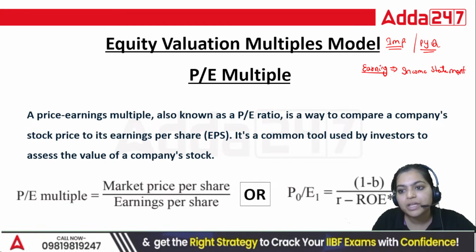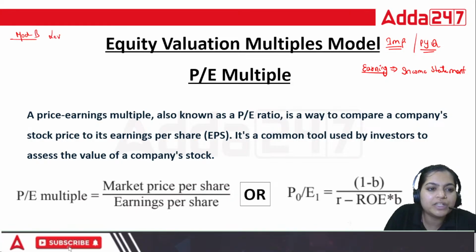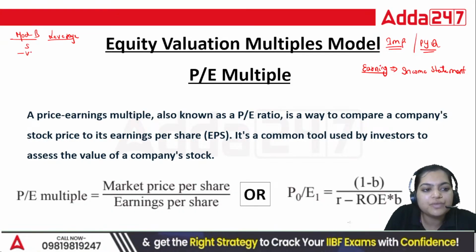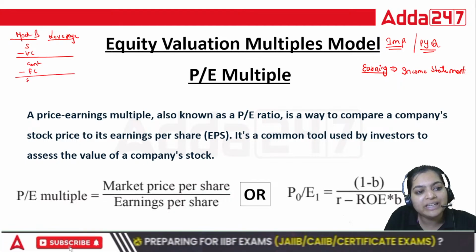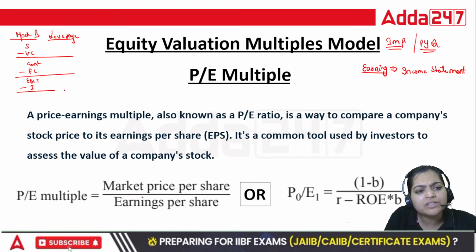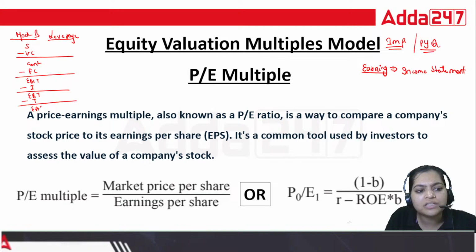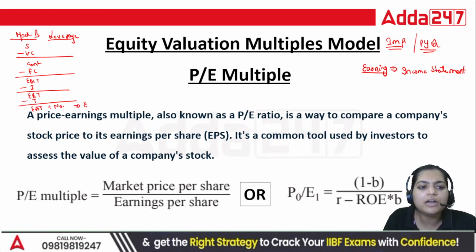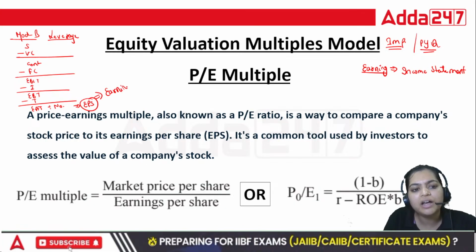See, in your module B, when we revised the leverage unit, I told you that sales minus variable cost gives you contribution, minus fixed cost gives you EBIT, minus interest gives you EBT, minus taxes gives you EAT. Then if you don't have any preference shares, just divide this by the number of shares and you will get earning per share. And this earning per share is your earning.